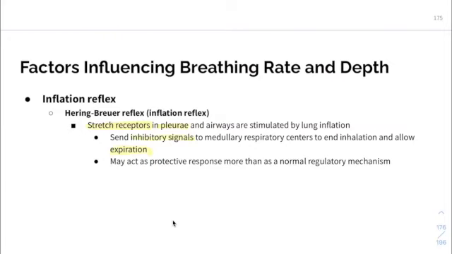It's thought that this Hering-Breuer reflex or inflation reflex is kind of a protective response to make sure that when we breathe in, we also breathe out. It's to kind of keep breathing regulatory. It's that mechanism to keep you breathing in and breathing out.